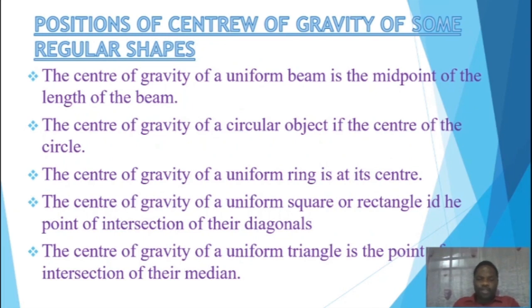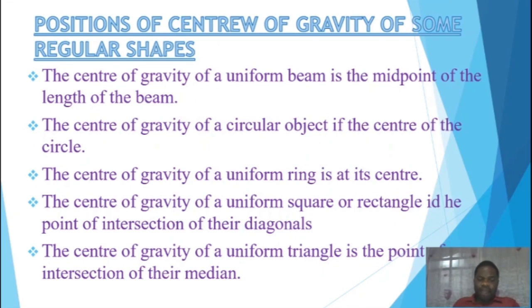Okay? Then number two, the center of gravity of a circular object is the center of the circle, provided you know the circle is a uniform circle. We are talking about a uniform circle. Now the center of gravity of a uniform ring is at the center of the ring. Then number four, the center of gravity of a uniform square or rectangle is the point of intersection of their diagonals.